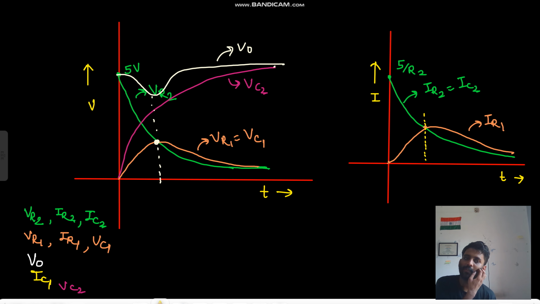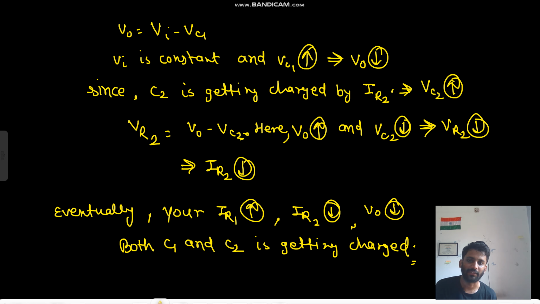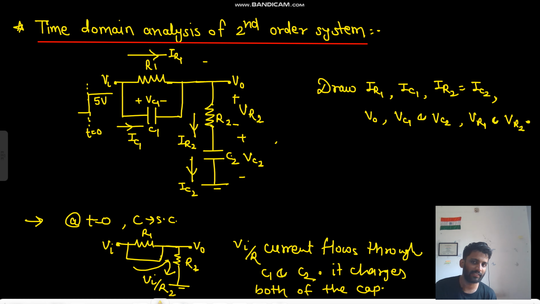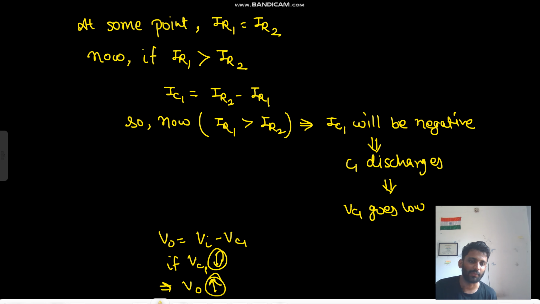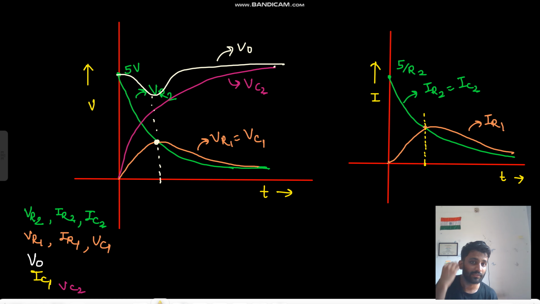Your IC1 was always IR2 minus IR1. IC1 is always in this direction. Initially it was 5 by R2, then it decreases to 0, and then it goes to 0 again.